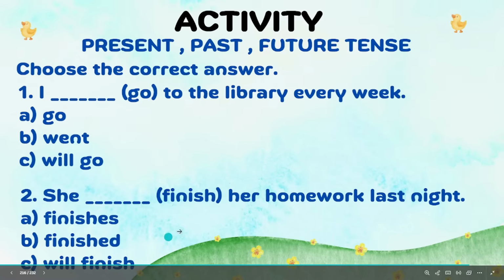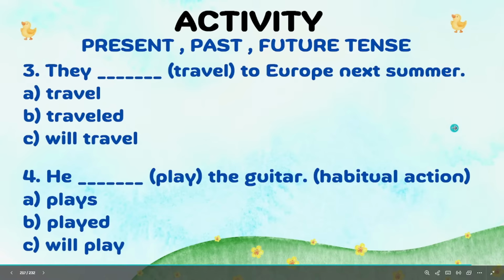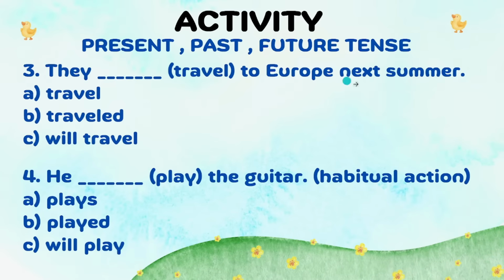With E-D. Okay? Next. They. Remember the word next summer. So, it means what? Is it happening now, in the past, or the future? For the word next summer, of course, it's going to be future because it's not yet happening. Because it says next summer. Not yet happening now.